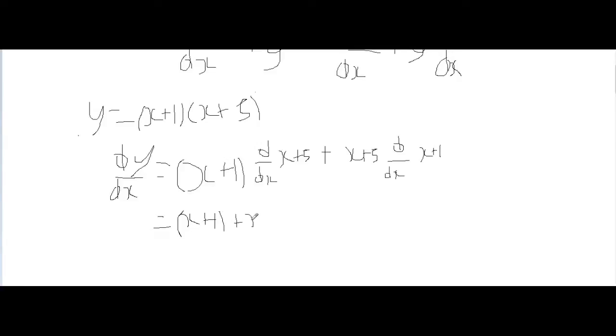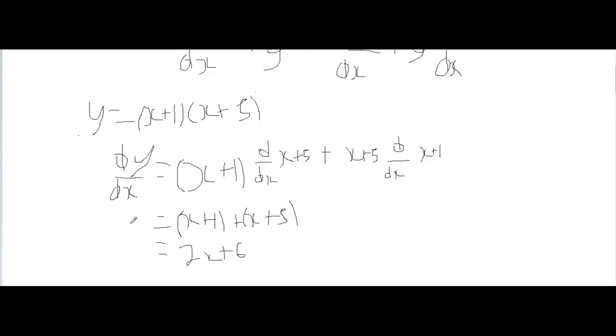So we just end up with dy/dx equal to x plus 1 plus x plus 5. Then we end up with 2x plus 6.